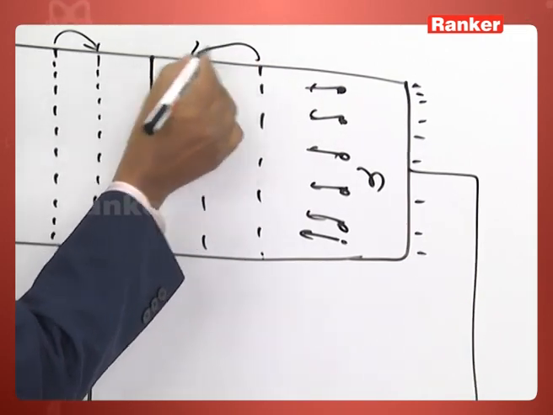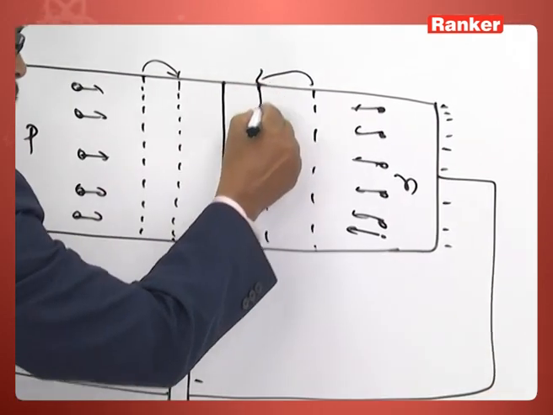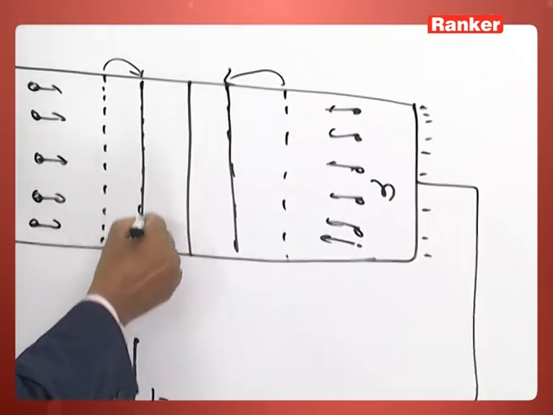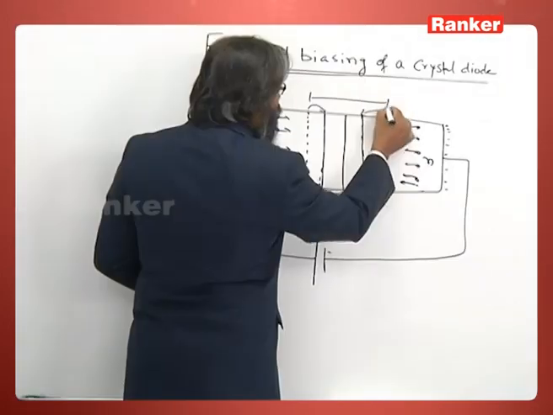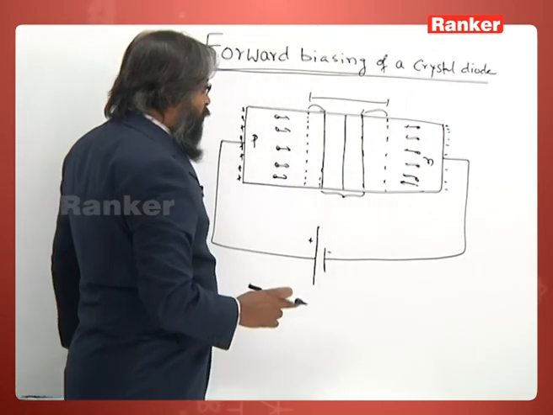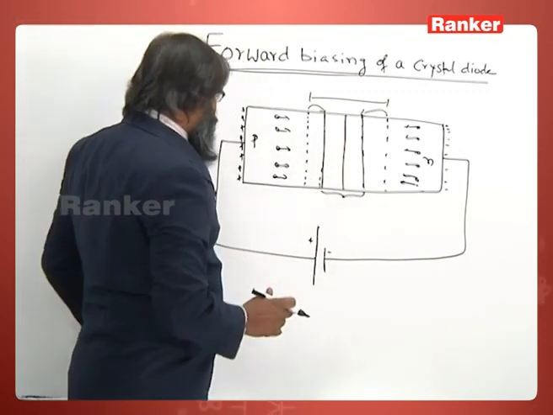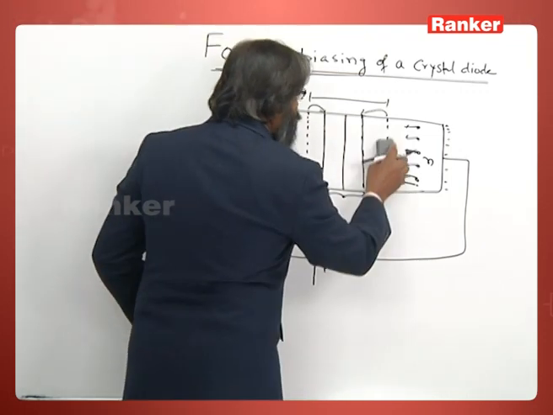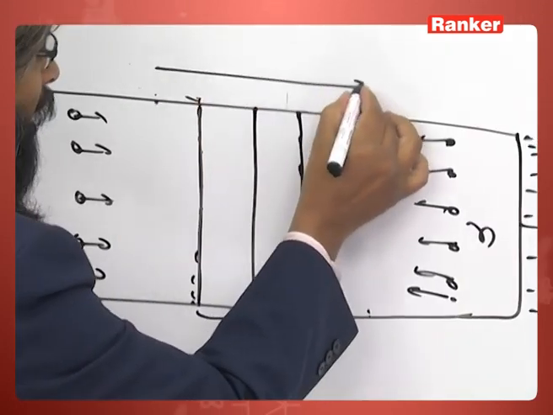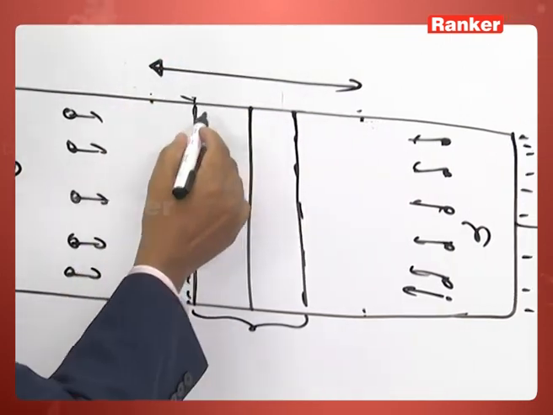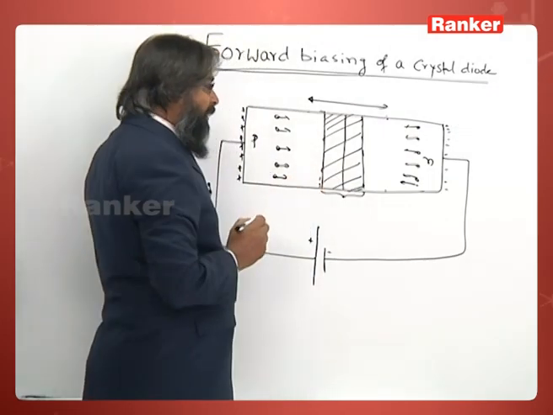So this is the new depletion layer. Previously the depletion layer was confined within this. So the depletion layer is decreased when we forward bias it. This was the original position of the depletion layer, now this is the position. The depletion layer has decreased.